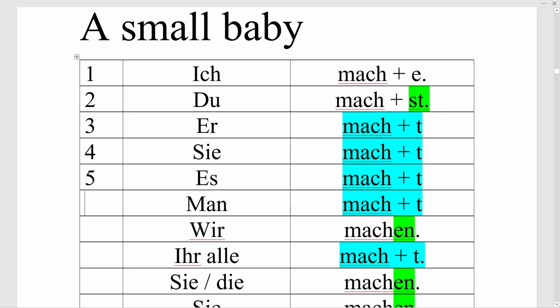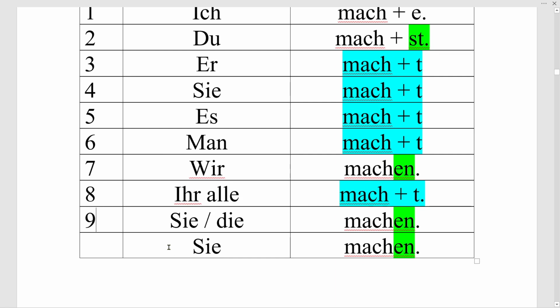Man macht means one does. Wir machen means we do, or even we make. Ihr alle macht means you all do, or you all make. Then we have sie, die machen, which means they do or they make. And number ten is Sie machen, which means you, formal, do.